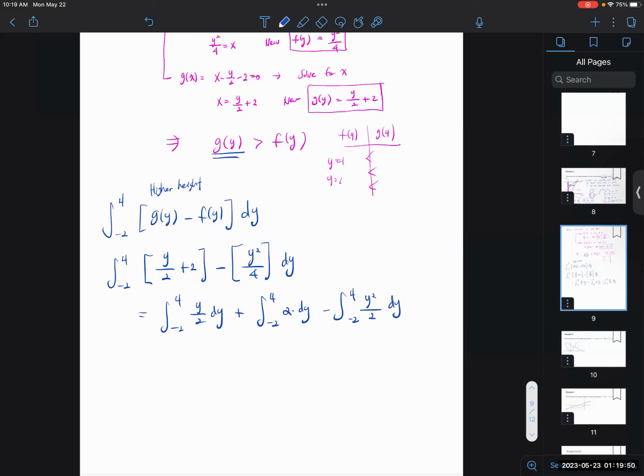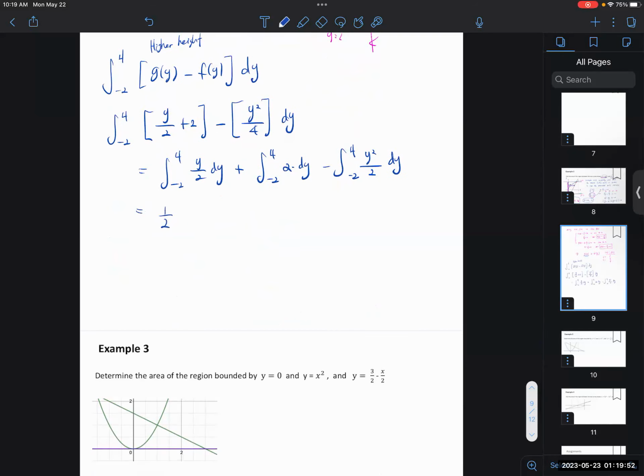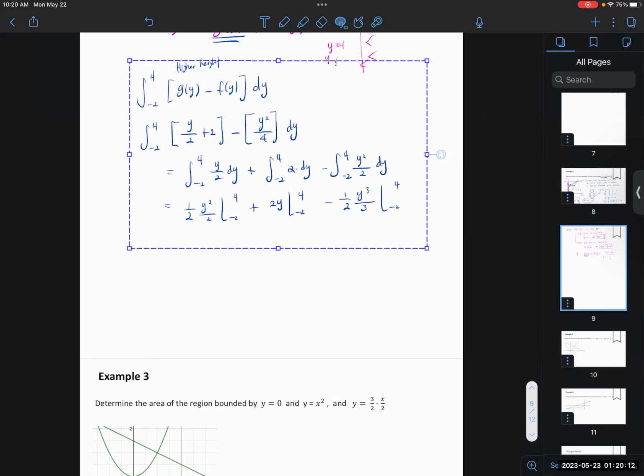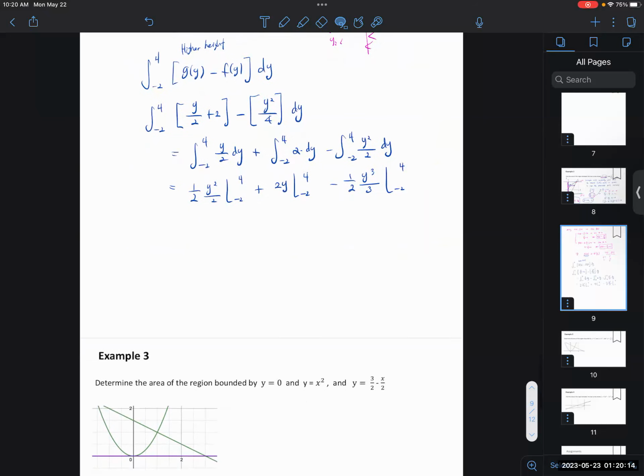You're going to take the integral of it. So 1 over 2, y squared over 2 from -2 to 4, plus 2y from -2 to 4, minus 1 over 4, y cubed over 3 from -2 to 4. Gotcha. So now you're going to do the work. 1 over 4 times 16 minus 4, because that's 4 squared minus (-2) squared.